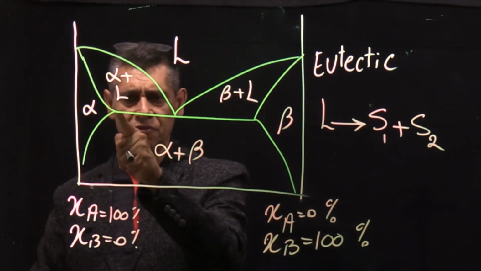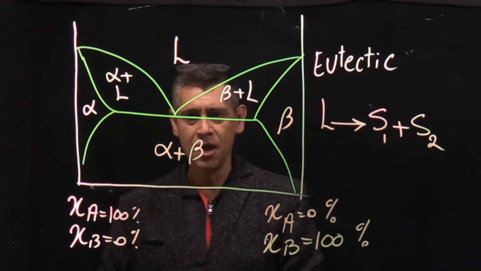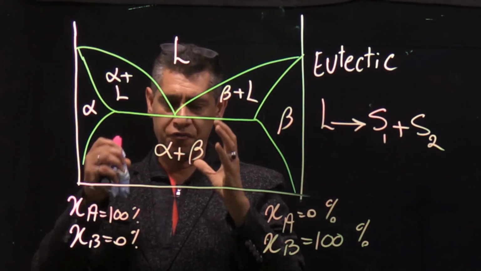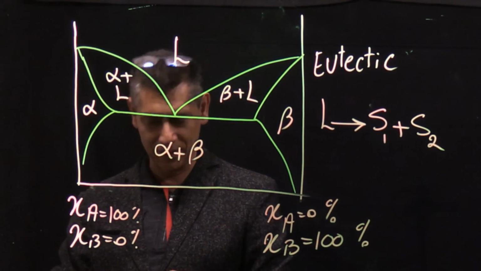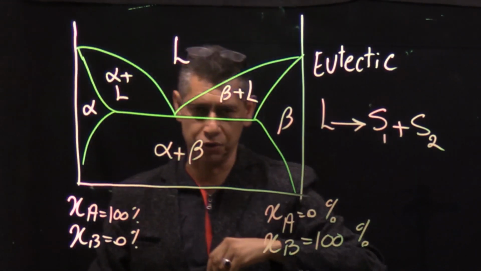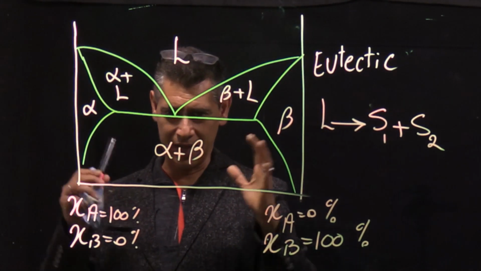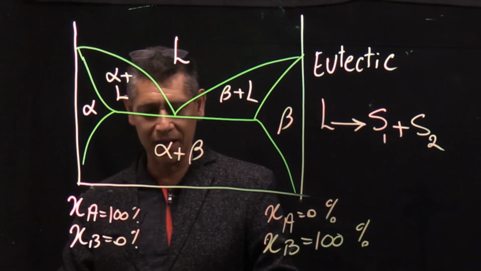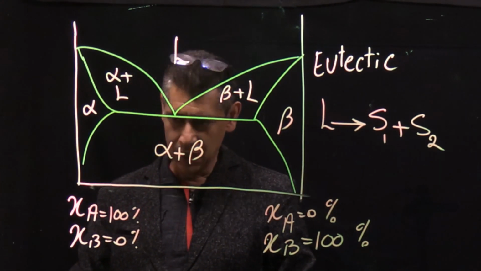And whenever you cross this line, which is the eutectic line, whatever liquid you have in the system forms two solids, alpha and beta. So this is in the form of lamellar structures, layer by layer, zebra shape. That's the definition, and that's the way they look under the microscope after you etch it.